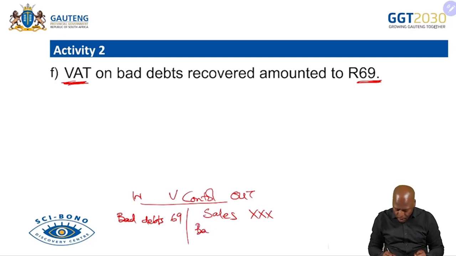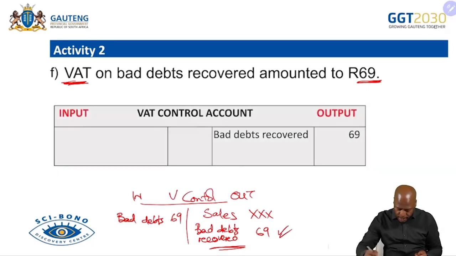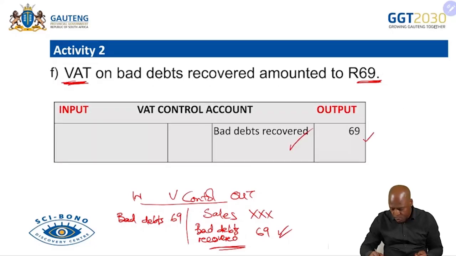So I'm now going to have my bad debts recovered, and it becomes 69. Bad debts recovered, 69, will be on the output. All right, there it is, my bad debts recovered, which is my 69.